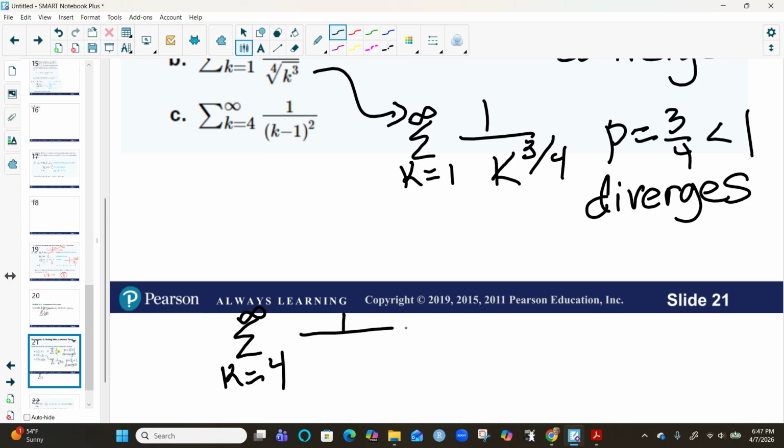Now, if I expand that, this is where we talk about the degree of the denominator. That degree of the denominator is 2. And that k squared term is going to dominate everything. Okay, it's going to outweigh the 2k and the 1.